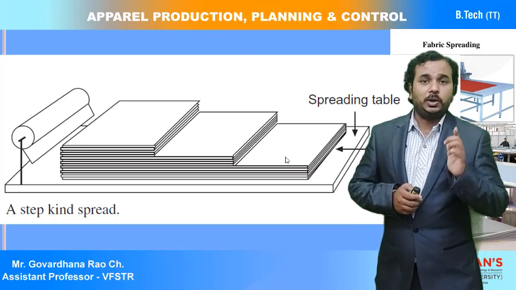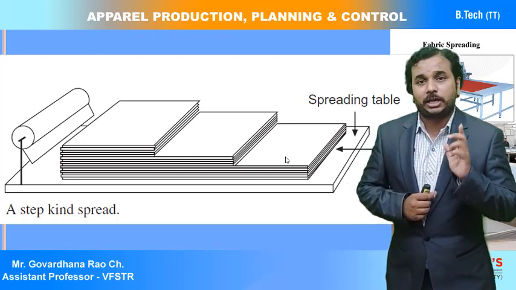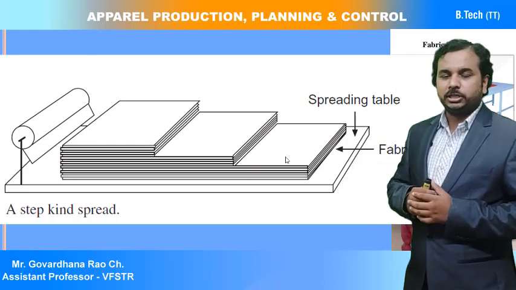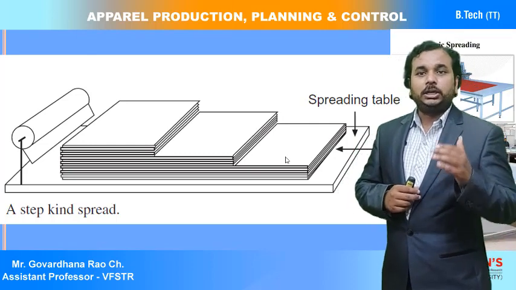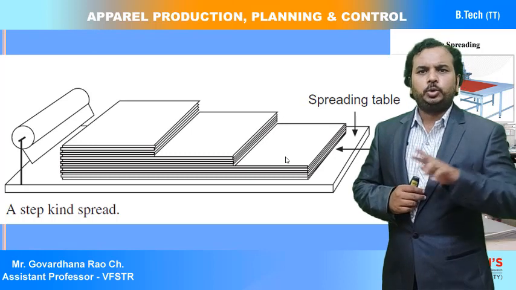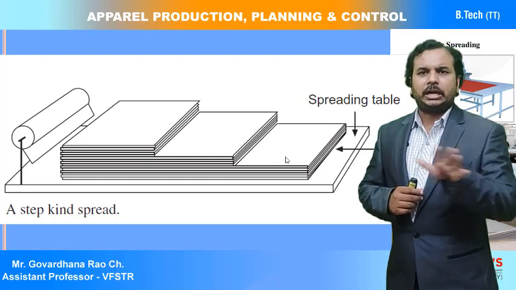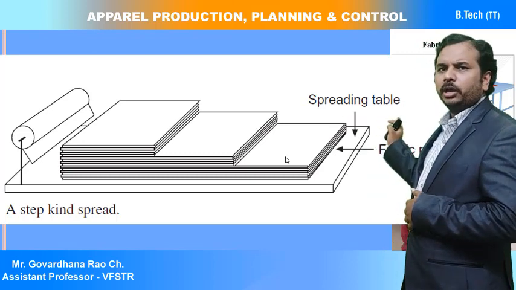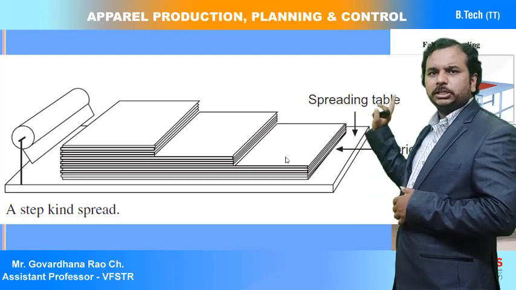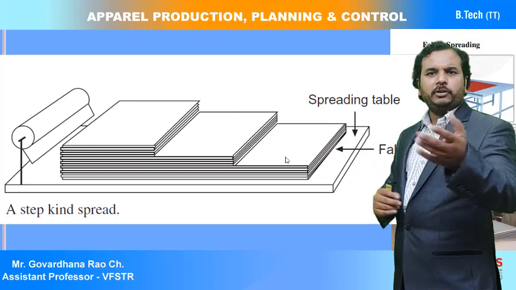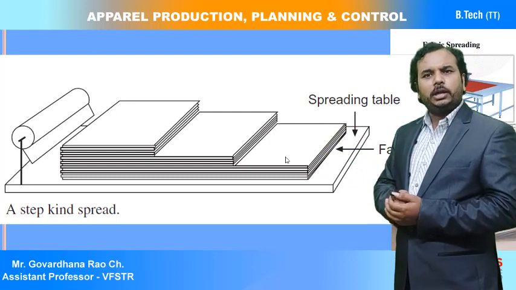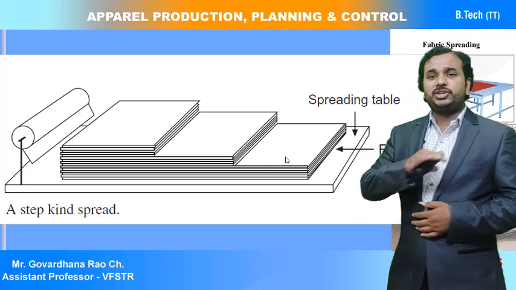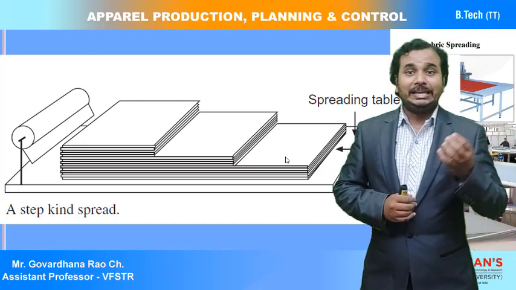If equal ordered quantities are there, for example, as I told in the previous sessions, if you want a total of 100 garments in 2 sizes, in one marker you are going to make two sizes, so from 1 ply you get 4 garments. So how many plies are required? Only 50 plies, because in each lay we get 2 garments of each size.